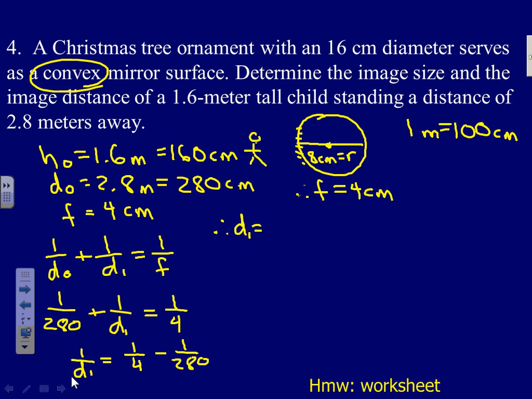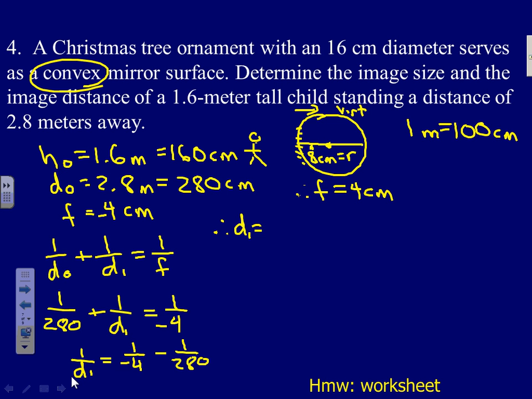When we have a convex surface, the focal point is behind the mirror in the virtual world, meaning this is negative. Now hold on, that doesn't change much. What that does is it simply puts a negative there and a negative there. If you didn't write down your answer, you don't need to scribble anything, you just have to add a negative.